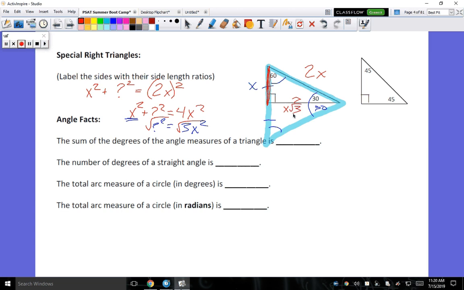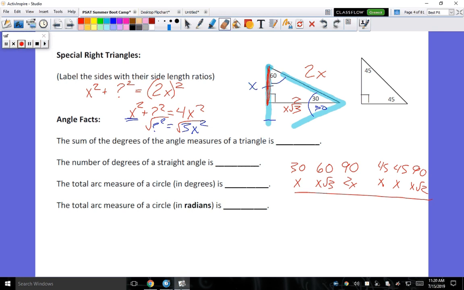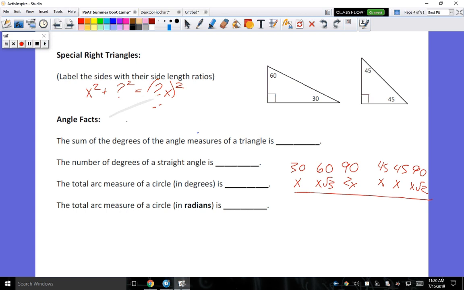That's why we have these charts of 30, 60, 90: x, x root 3, 2x, and 45, 45, 90: x, x, x root 2, memorized. Because if we get something that looks like the following, we can use these tables to quickly find the answers.